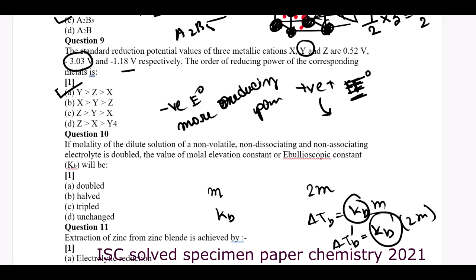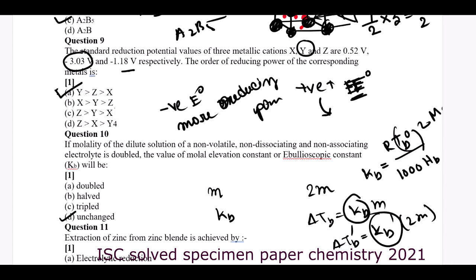There is the molecular mass of the solvent. The expression of Kb is equal to R Tb0 whole square divided by 1000 Hvap, into the molecular mass of the solvent. So in any case the molality is not involved, so Kb will remain unchanged.